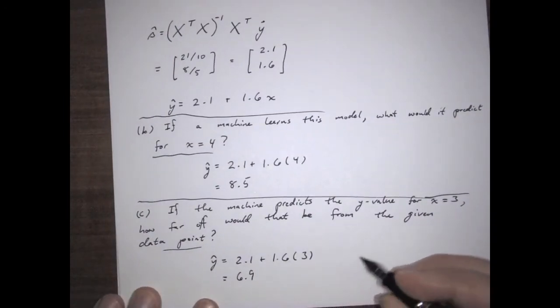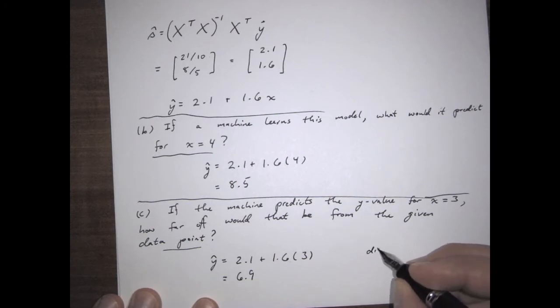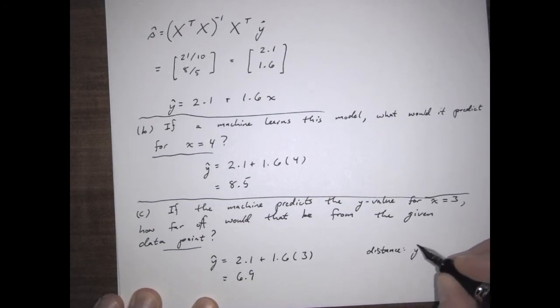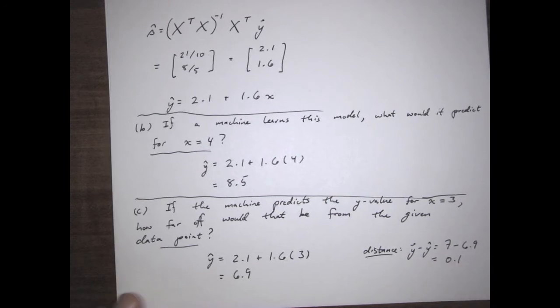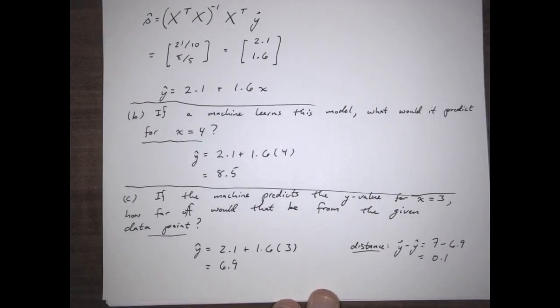So the distance y minus y hat would be 7 minus 6.9, which would equal just 0.1. So very close at that data value. Now it wouldn't be so close at other data values, but that one, it would be very close.